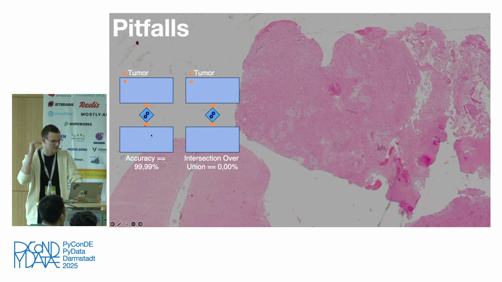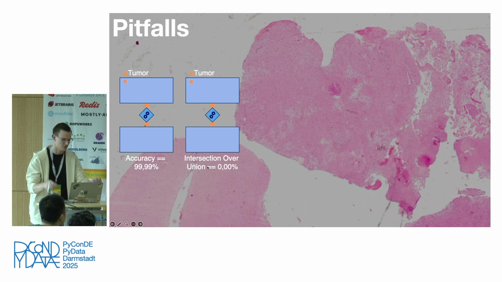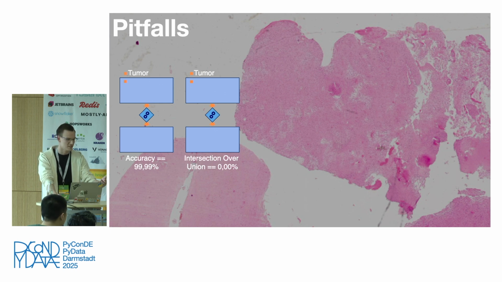We still get an absurdly high accuracy because all the not-tumor pixels are of course right. If you use a meaningful metric like intersection over union, I'm a fanboy, or maybe F1 score, if you're not that cool, you also get a really, really representative 0% score, which is way better.